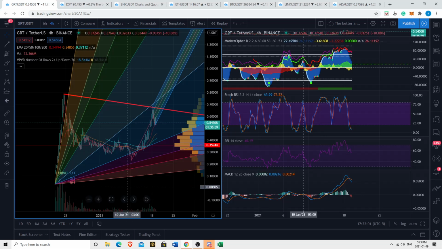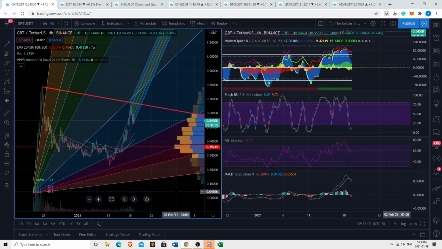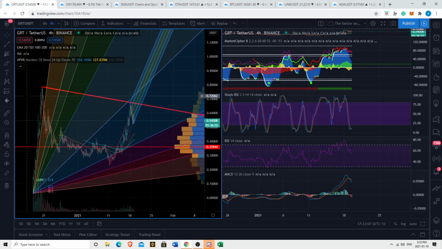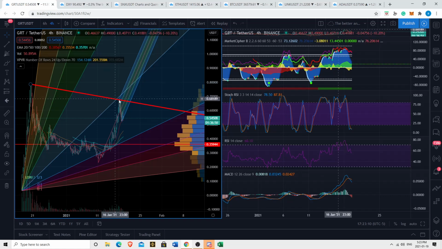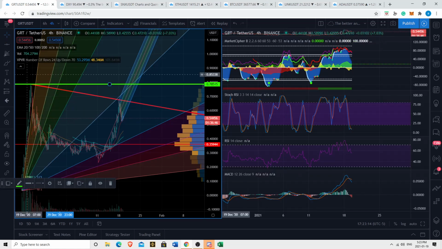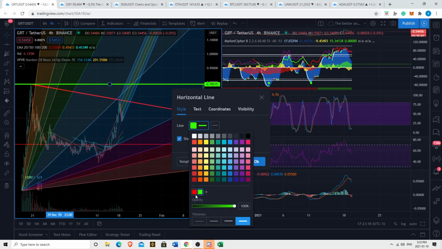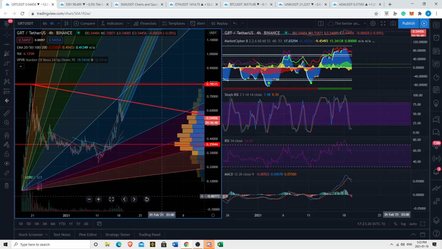So I did a few things to try and understand some possible support and resistance levels for GRT. For one, drawing this sloped resistance line here, and also putting a line right at all-time highs. So those are two pretty obvious resistance signs that we can look out for.